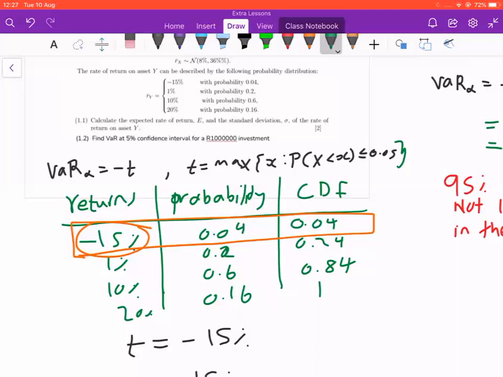Do you all understand, or should I find one last question on VaR for discrete? I think it's simpler, I guess. If you want me to repeat, you can raise your hand, or I'm going to move to conditional VaR.